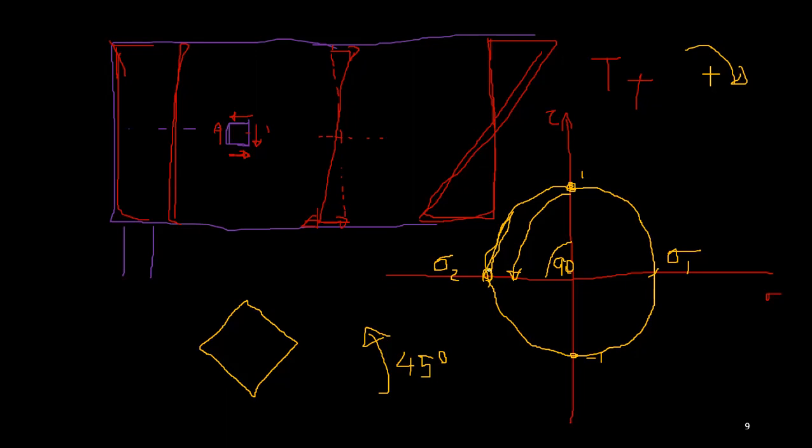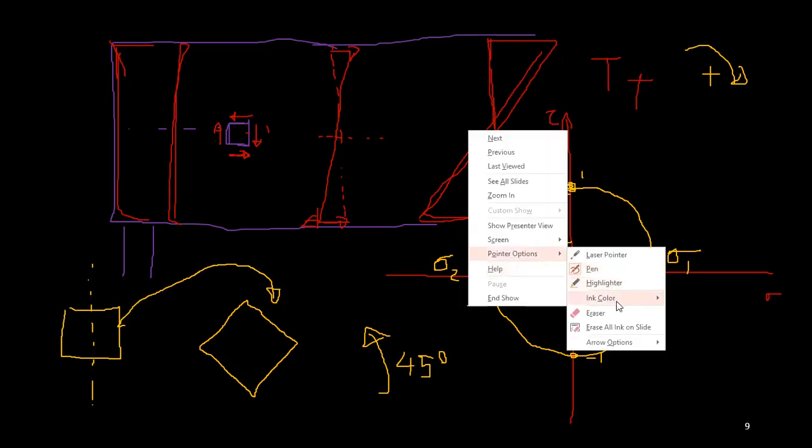So this was the original element. So this surface is now rotated by 45 degrees. At that surface you have sigma 2 negative. So that means it is in compression, right?